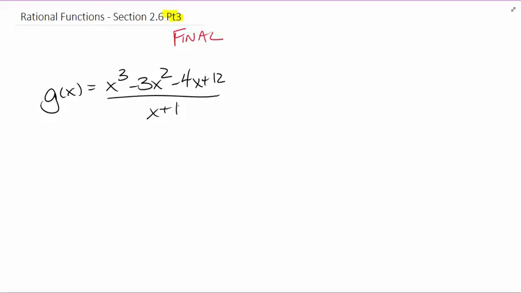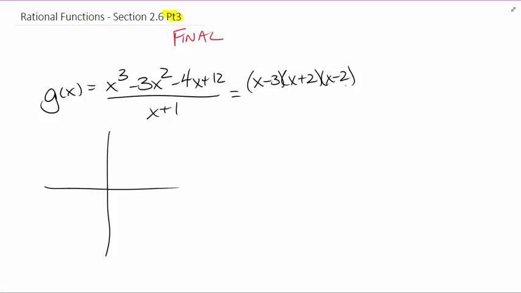So you can recall from your notes a lot of what this function was characterized by. We could factor by grouping. We got x minus 3, and then we had an x plus 2, x minus 2 over an x plus 1.